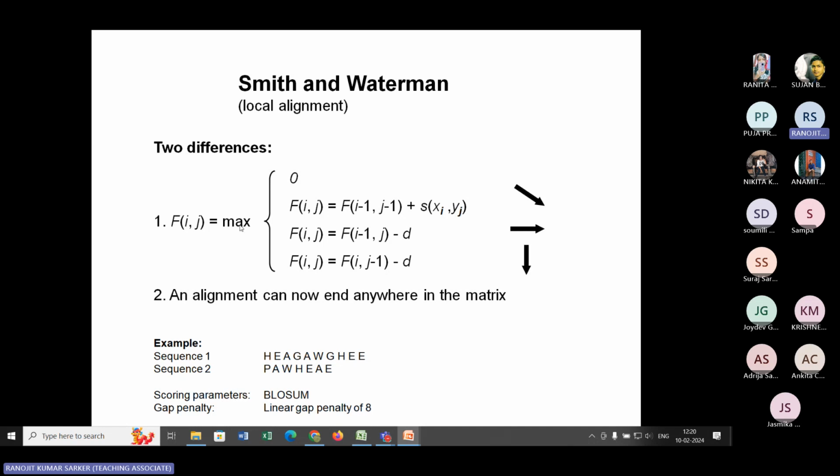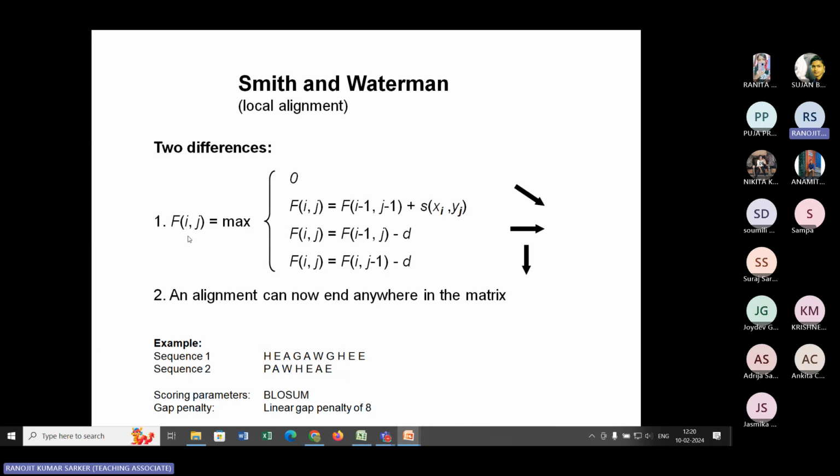So now see what the two differences in scoring methods are. If you remember, the three ways we considered for Needleman-Wunsch scoring were the diagonal path, horizontal path, or vertical path. Out of these three paths, the maximum value was considered for a particular cell.